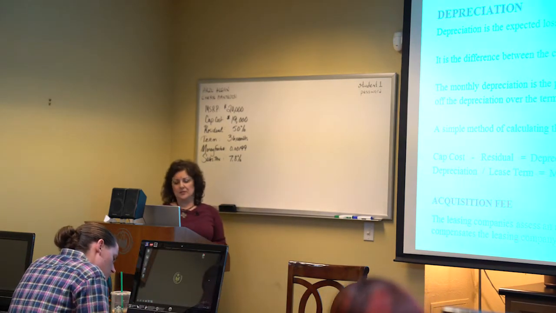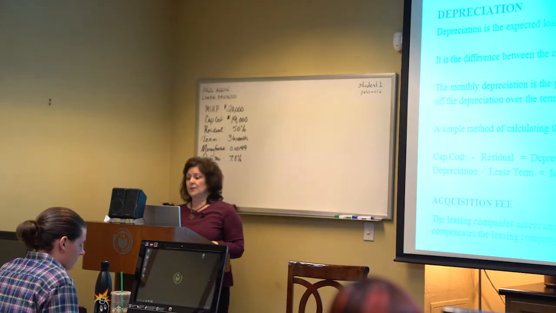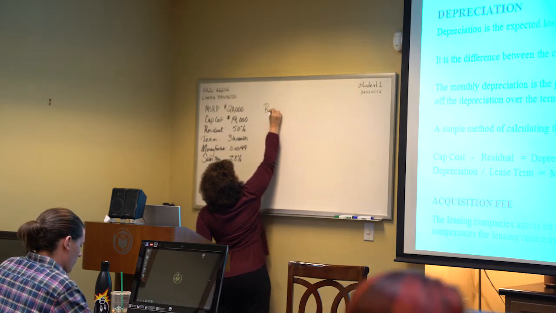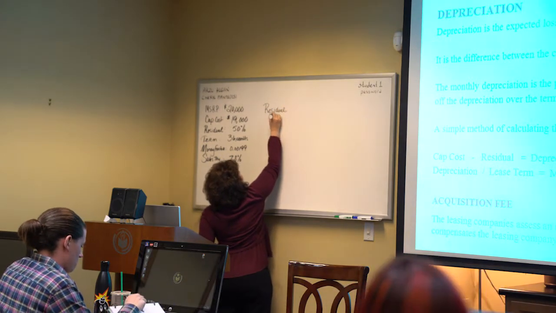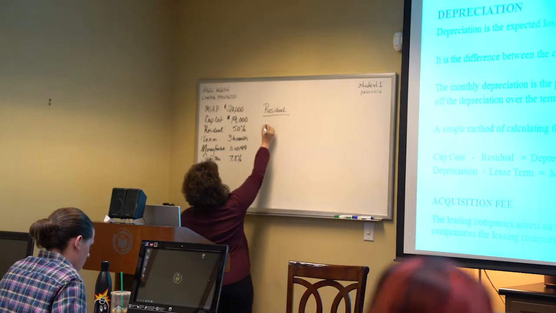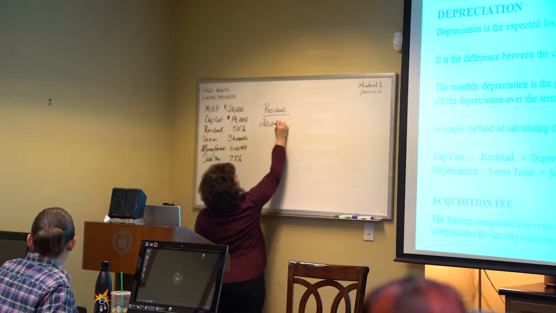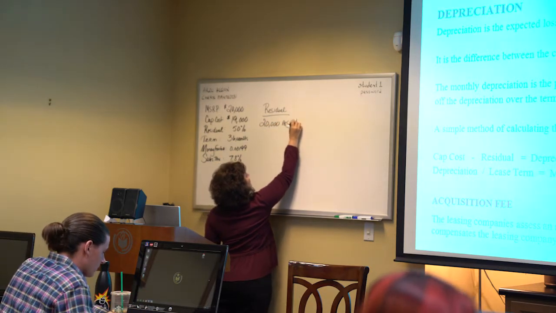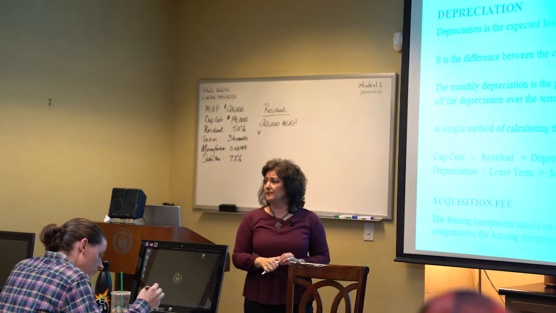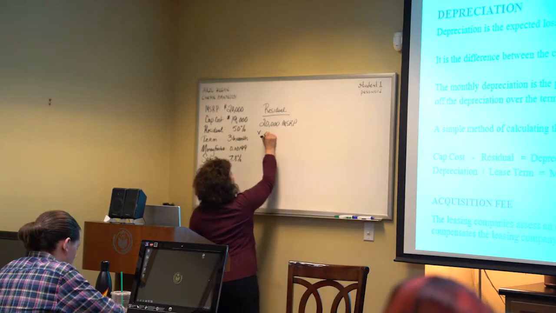And the first thing we need to do is calculate the residual. So we'll take MSRP, and you can just write on the side on your paper. MSRP is 20 times, what's the residual value on this lease? 50% for 36 months.